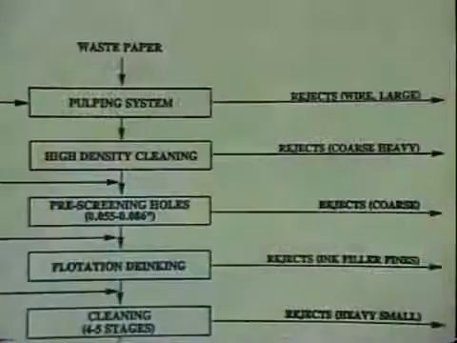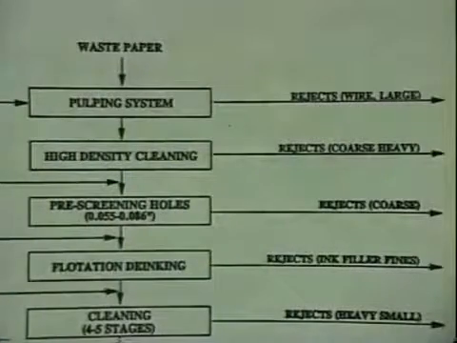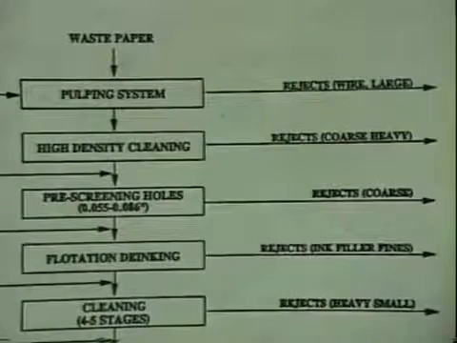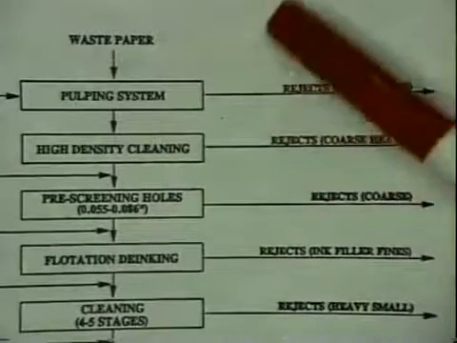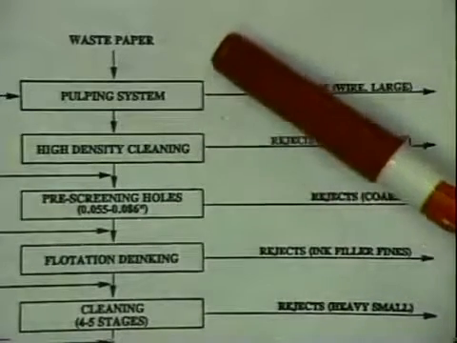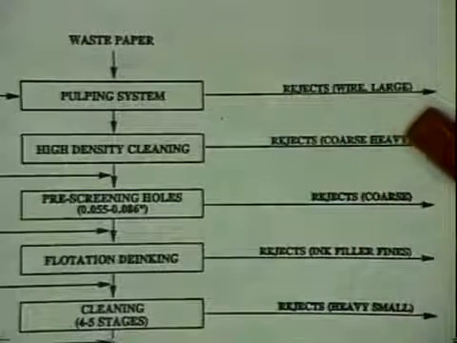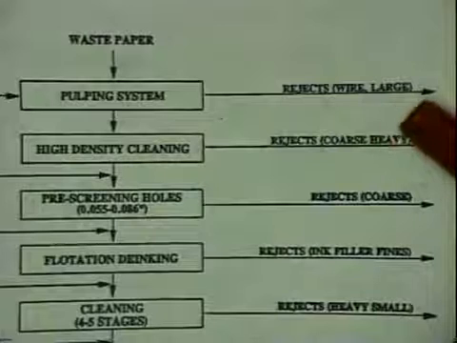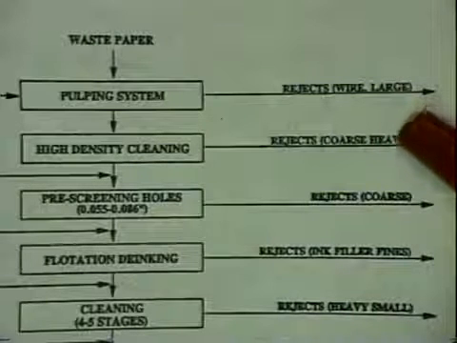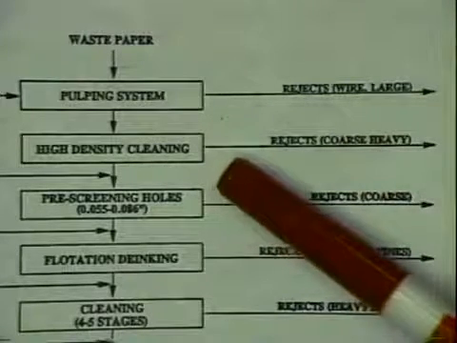So let's go ahead and look at our process here. So this is just one example of a newsprint production facility. So we're going to start off with our waste paper, and we're going to pulp, and we're going to get some very large rejects, so like wires and plastic bottles and things like that. Then we'll go to high density cleaning.